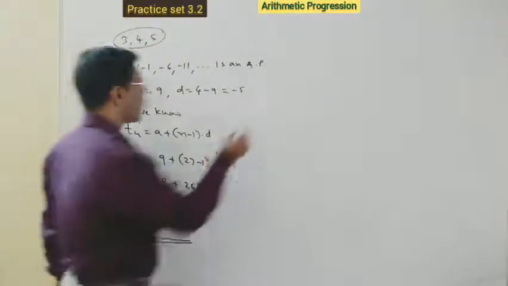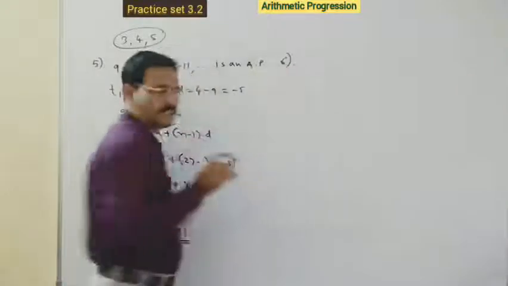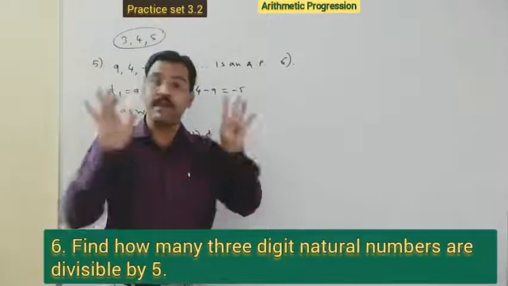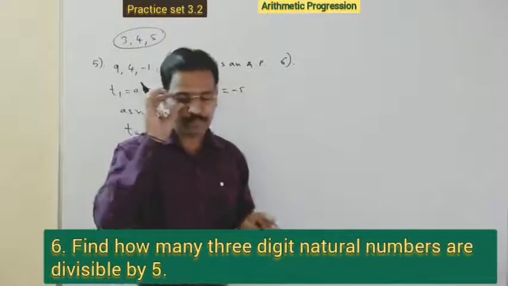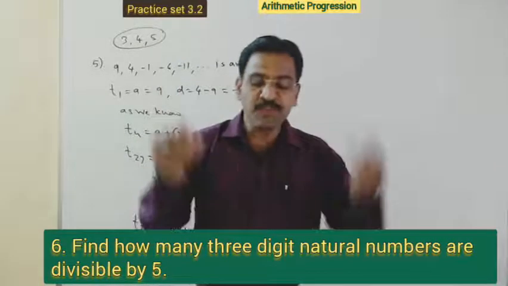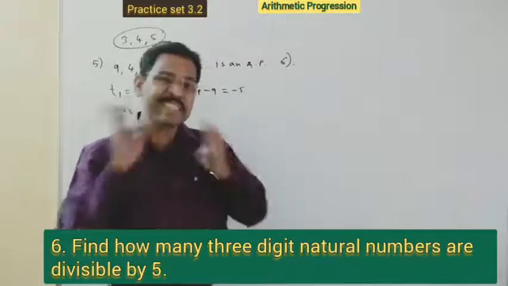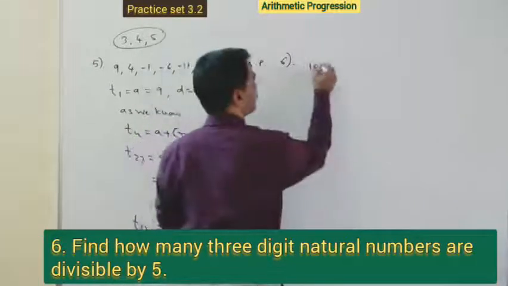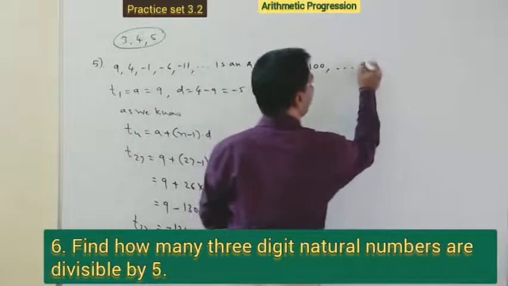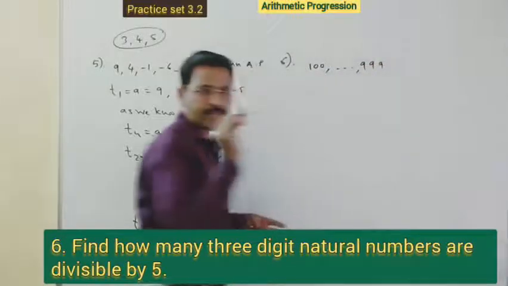Okay. Now we take here only the sixth sum. This is just different but very important. Look here. Find how many 3-digit natural numbers are divisible by 5. 3-digit natural numbers start from 100 and go up to 999. Is it correct?